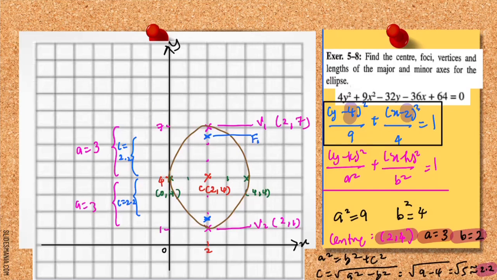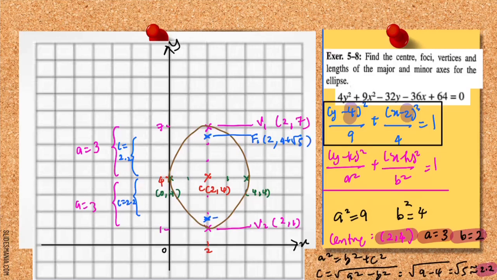So let's see the coordinate of your F1 right now. The x coordinate doesn't change, so you are still at the point 2. However, from the y coordinate 4, we go up as much as distance 2.2 or square root of 5. Therefore, the new coordinate is (2, 4 + √5).